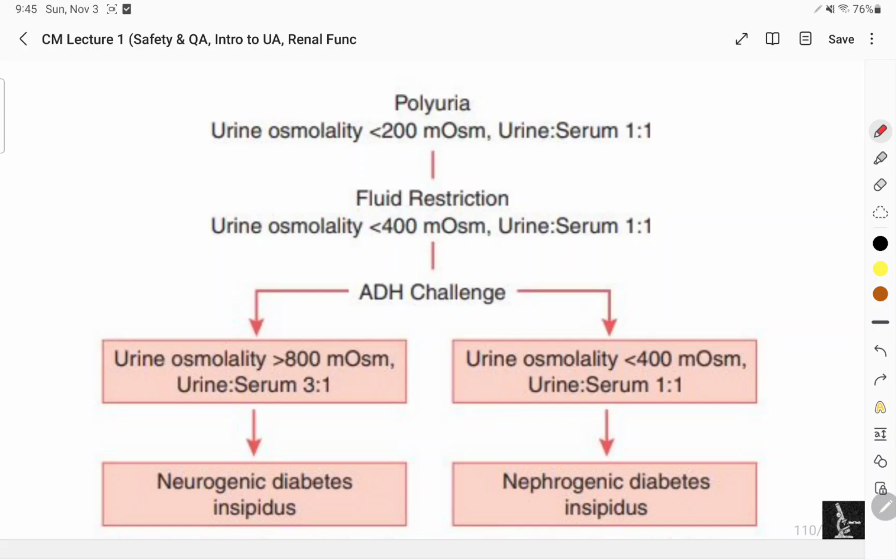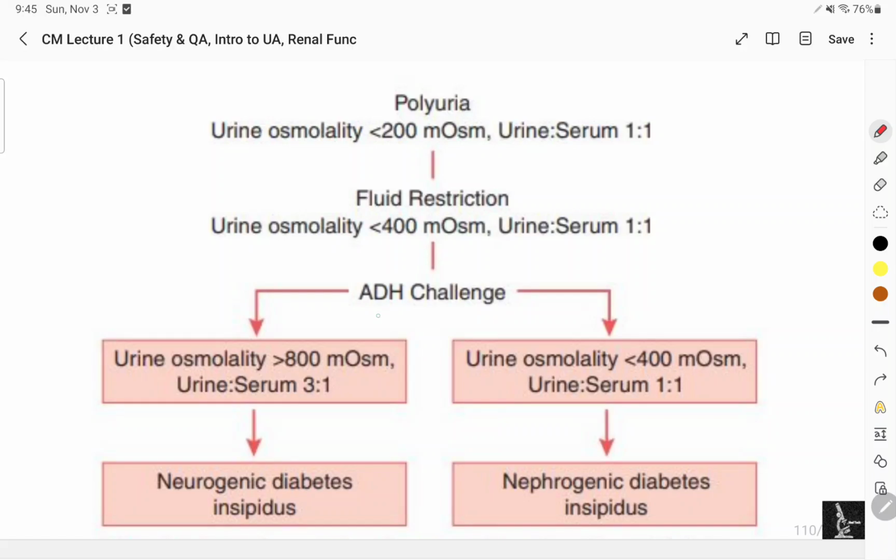So if we do ADH challenge, we introduce ADH, and then if we get a result of our urine osmolality greater than 800 milliosmoles, meaning there is a decrease or there is a lacking or deficiency of the ADH level, meaning neurogenic diabetes, meaning the problem is the amount that is produced by your hypothalamus. Neurogenic, meaning the problem is here in the hypothalamus, meaning dili siya mag-produce of enough amount of ADH.